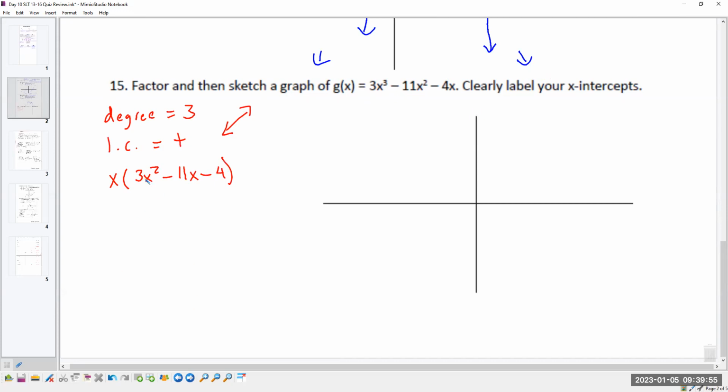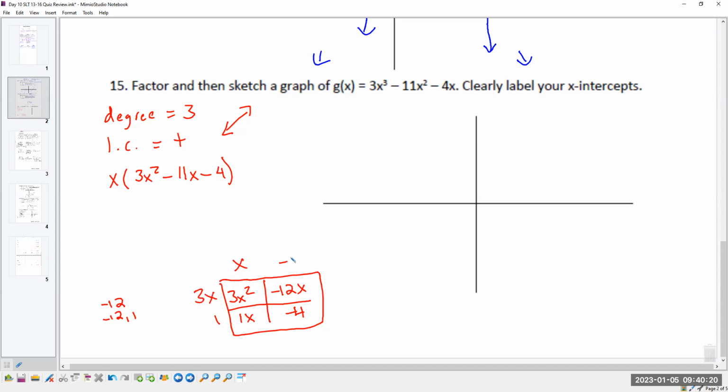So let me see, 3 times -4 is -12. That's going to be -12 and 1. So now this is a 1, so this has to be a 1, and this has to be an x, and this has to be a 3, and a -4.